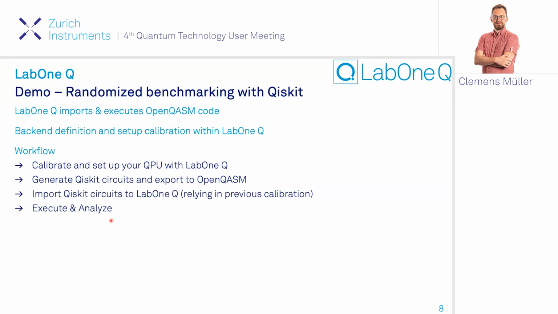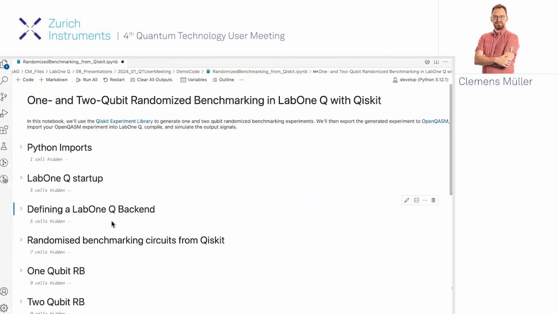And now we're coming in. We take a Qiskit quantum circuit, we convert it into OpenQASM, and we import this OpenQASM code into LabOne Q to generate the LabOne Q experiment to execute on the instruments. So let's get going. Here I have a Python notebook.